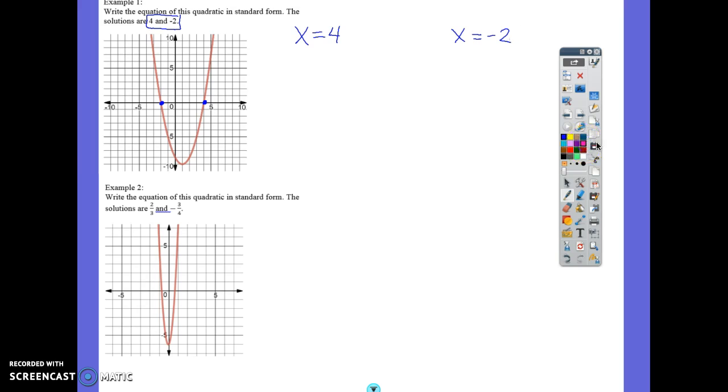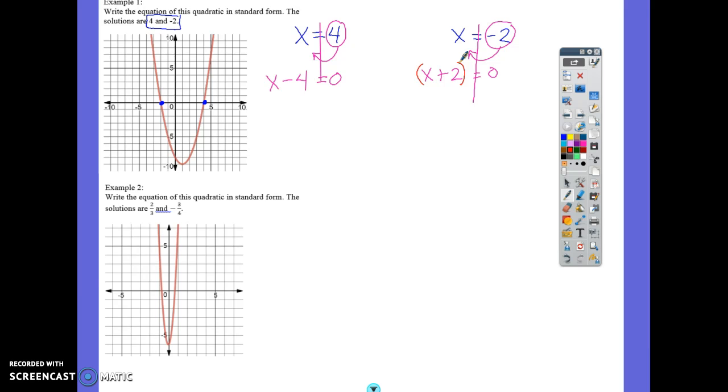If they gave you the solutions, I can move them back, change the sign, x minus 4 equals 0. Move this one back, change the sign, x plus 2 equals 0. Those are your factors.